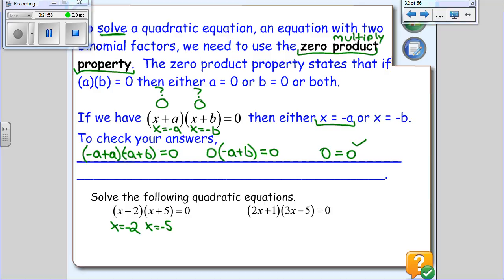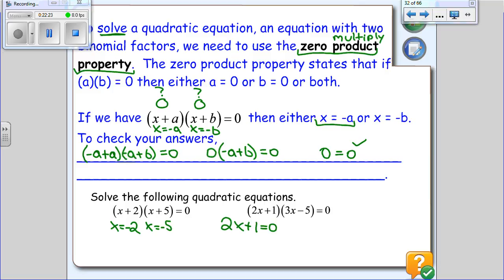So what I do is I take this thing inside the brackets, this 2x plus 1. What do I want it to be equal to? 0. So I say 2x plus 1 equals 0. And I'm going to solve that thing for x. And that's going to tell me what x would be. So I'm going to subtract 1 from both sides.